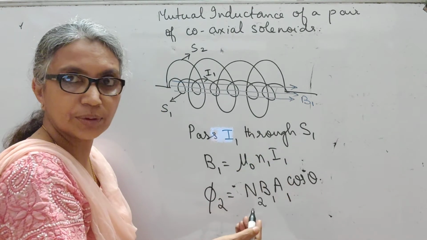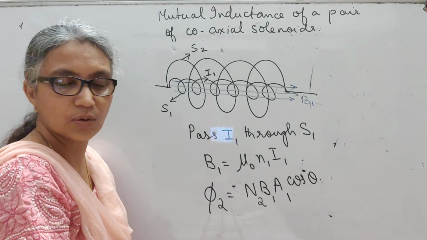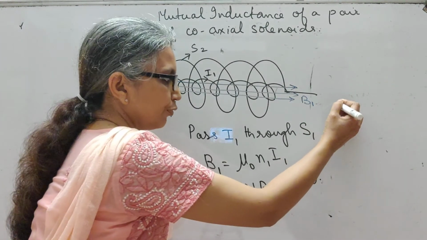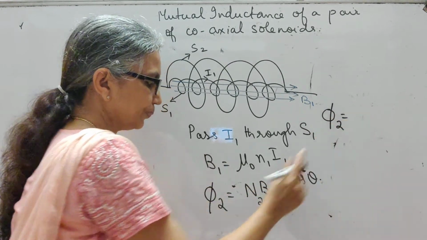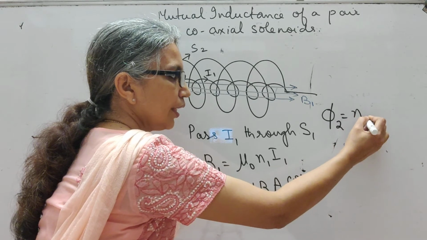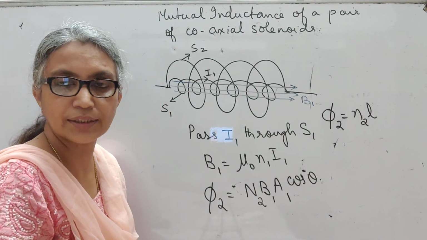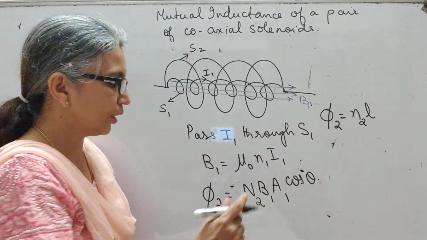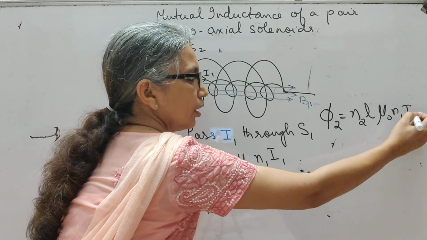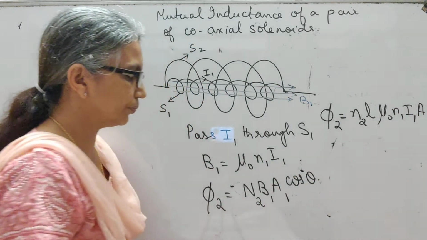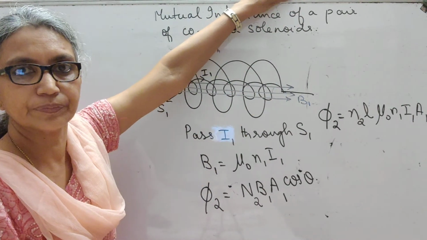As I told you earlier, for a solenoid cos theta is 1 because theta is 0, the angle between B and A. Therefore, we will write phi 2 is equal to small n2 into L, because I told you total number of turns capital N is equal to small n into L. Then B1 is mu 0 n1 I1 and A1, because cos theta is cos 0, that is 1.